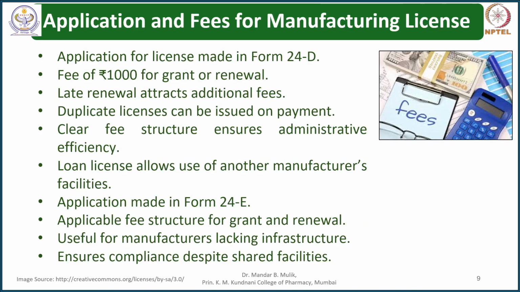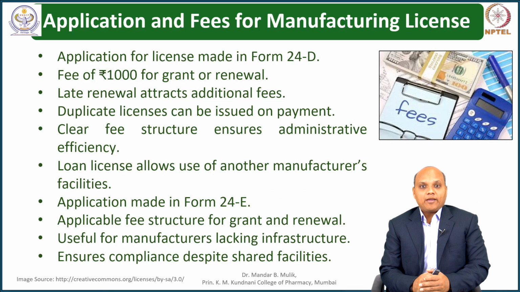For such licensing, there is a fee applicable. The application for license is made in Form 24D as per the regulation and needs to be presented in front of the authorities. A fee of 1000 rupees for grant or renewal is paid.